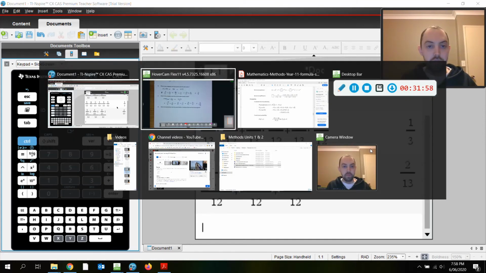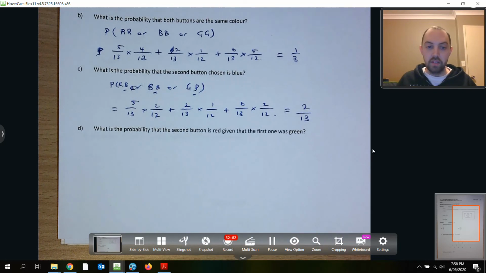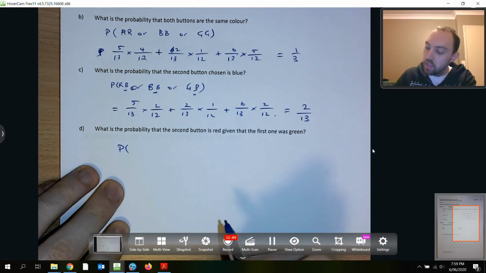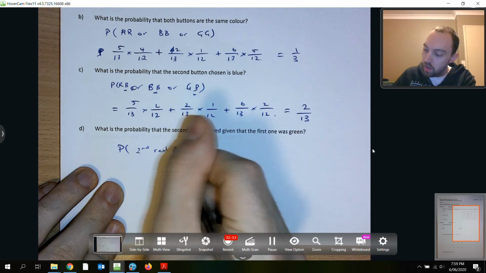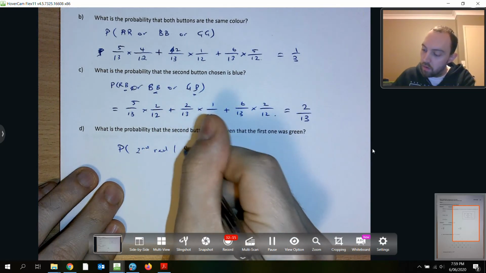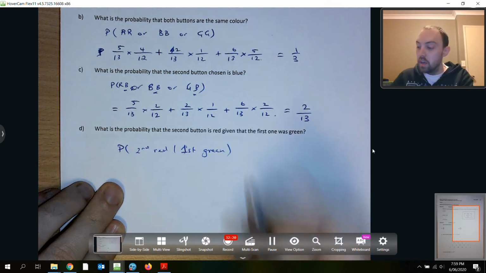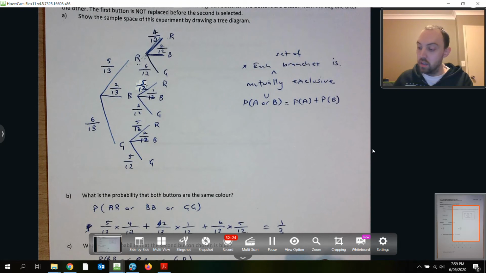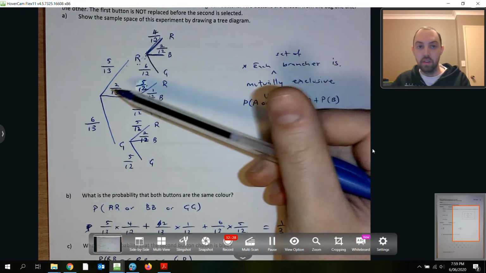That's part C. And then what is the probability that the second button is red given that the first one was green? Now the thing about my tree diagrams is they've actually given me a lot of these probabilities already.